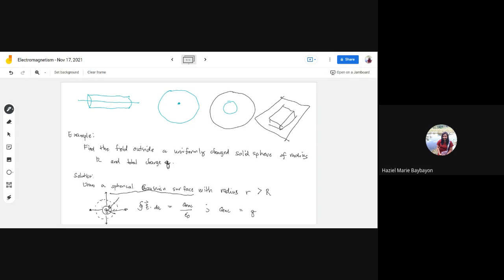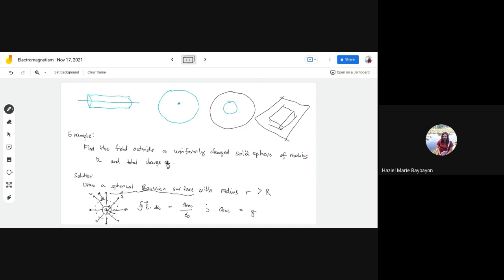And take note also that for our spherical Gaussian surface, kung magkuha kog small infinitesimal area here, dA, your dA is directed perpendicular to the surface. So, diri siya padulong.